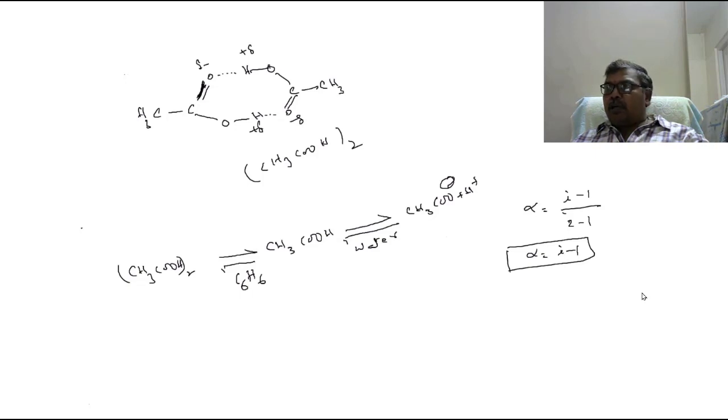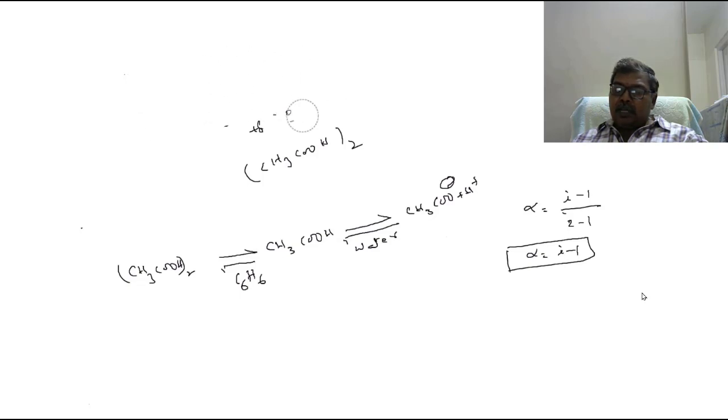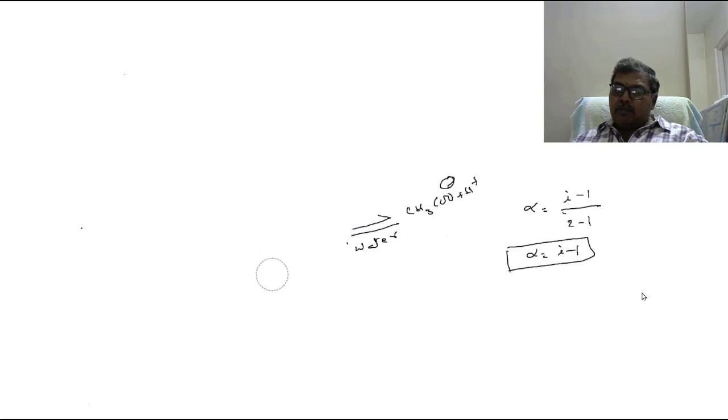So if two particles combine and exist as a single molecule, that is called dimerization. If three molecules combine and exist as a single particle, it is called trimerization. If four particles exist as a single particle, then it is tetramerization. Like that, if a large number of molecules combine and exist as a single particle, it is known as polymerization.